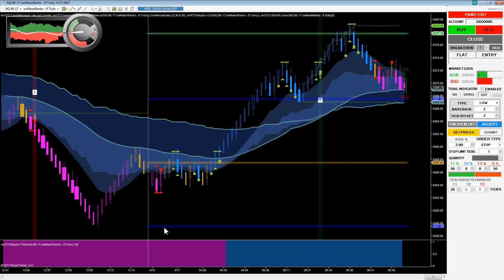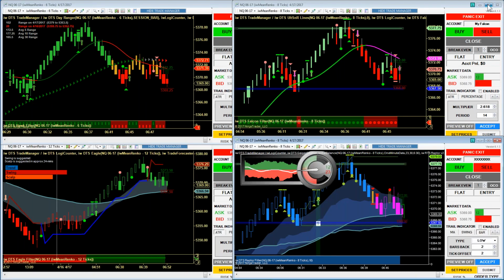So we're just sitting above that opening gap that I mentioned earlier. Gaps are funny because the market will try to fill the gap, but not necessarily on the same day the gap was made.